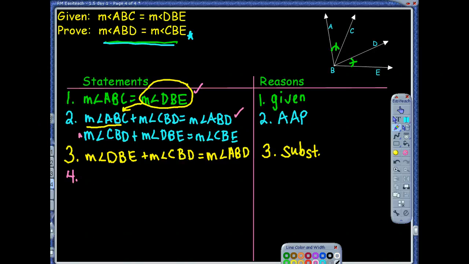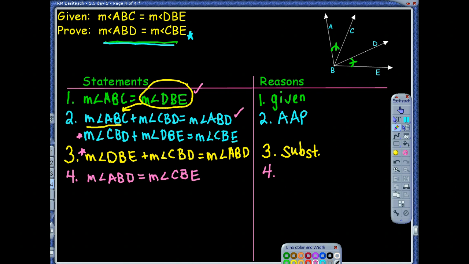So now looking at those two, they're identical on the left-hand side. They're just in a different order, but addition order doesn't matter. So now I could just put those two together to say that the measure of angle ABD is equal to the measure of angle CBE.